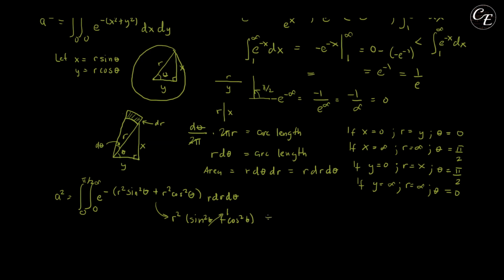So we will have here r squared, then our a squared is double integral e raised to negative r squared r dr d theta from 0 to infinity, and here from 0 to pi over 2.